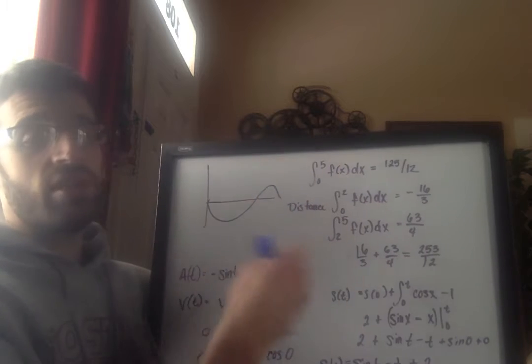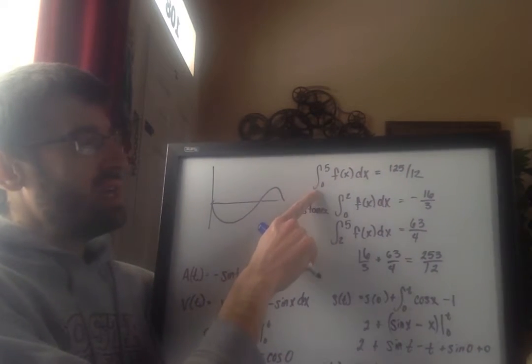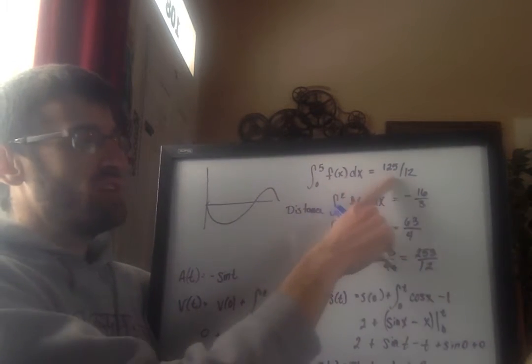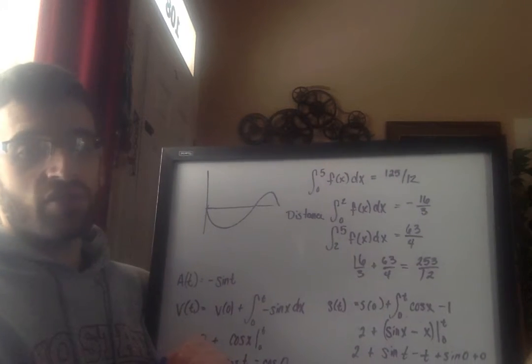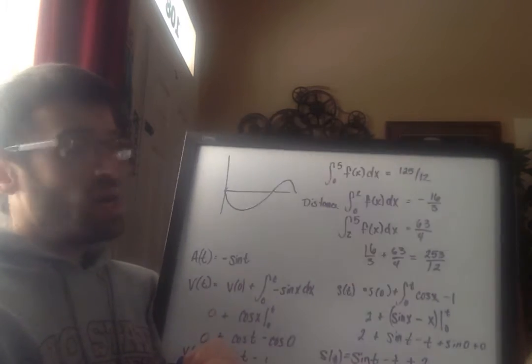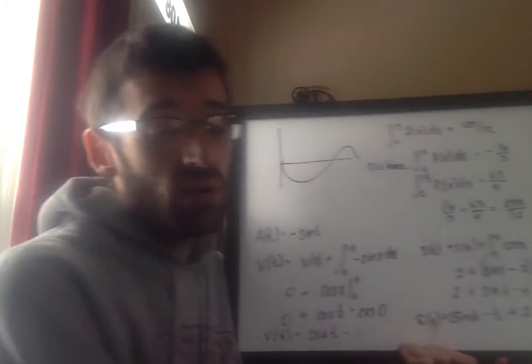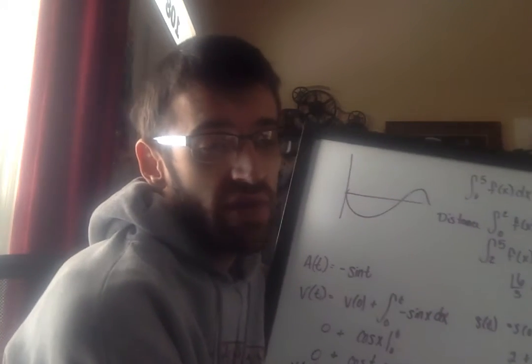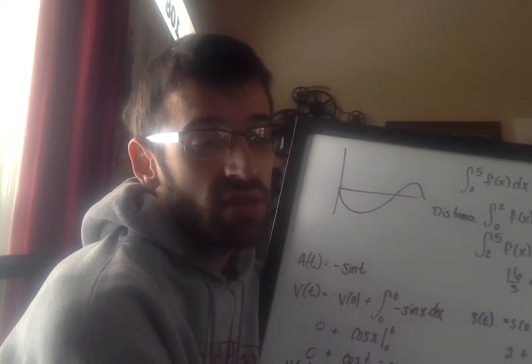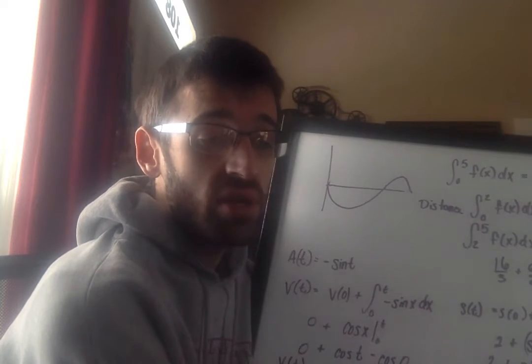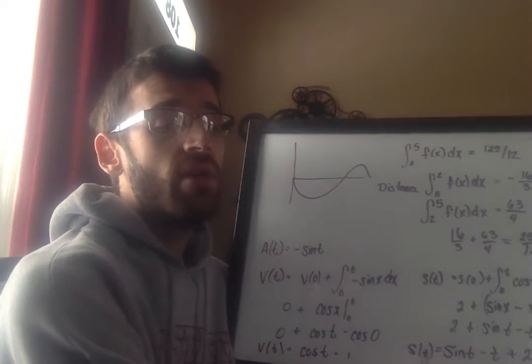So displacement is just straight out integral. I'm going to integrate from 0 to 5 of the function, and that was 125 over 12. The integral, before the evaluation, was negative 1/4 x to the fourth plus 7/3 x to the third minus 5x squared.